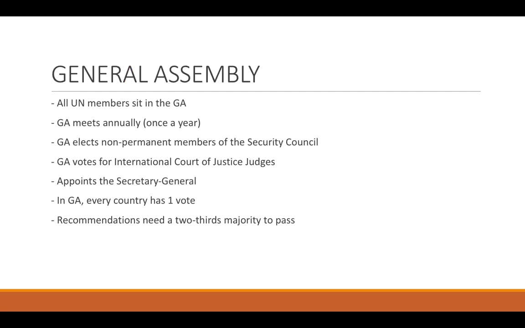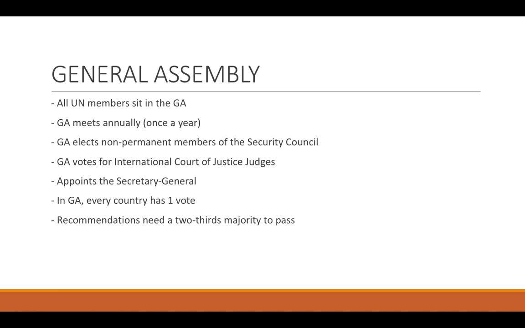Okay, we go to the General Assembly. All UN members sit in the General Assembly. Every country has one representative. The General Assembly usually meets once a year, sometimes more than once if there is an emergency situation. The General Assembly elects non-permanent members of the Security Council.